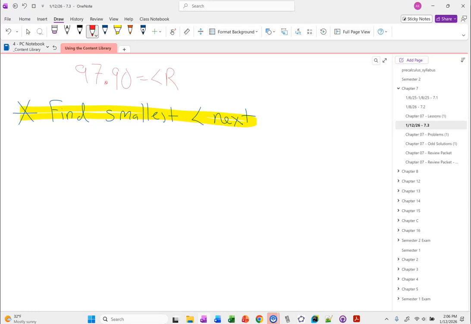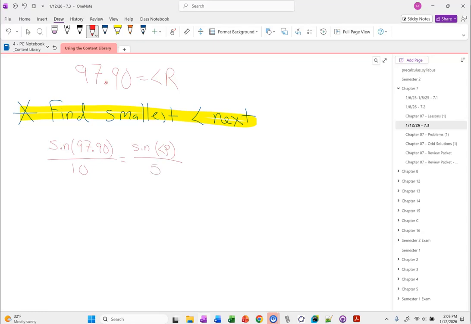And we have enough to use the law of sines, so I'm going to do that, because now I have side R and angle R. So sine of angle R over side R equals sine of angle P over side P.